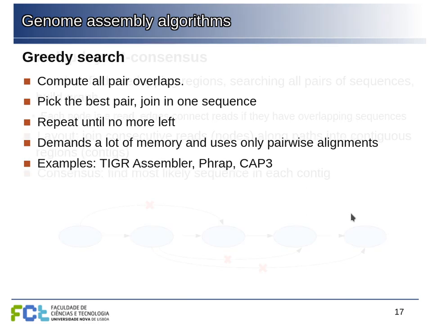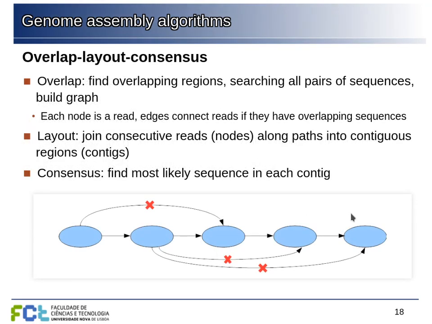There is some software that uses this approach, but this is not the best approach, at least consensually nowadays. Another way of doing this is to represent all of our sequences, all the reads that we have, in a graph, and then try to find a way through the graph so that we cover all the sequences in the correct order. And this will tell us how to match everything together. So this is the overlap layout consensus approach, where we build a graph where each node is one of the sequences that we read, or a fragment of the sequence.